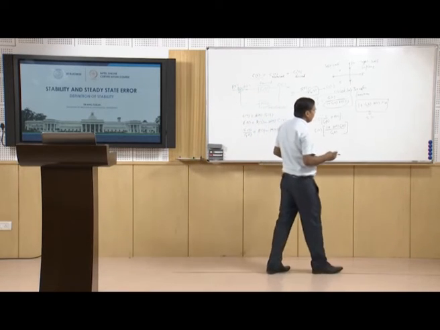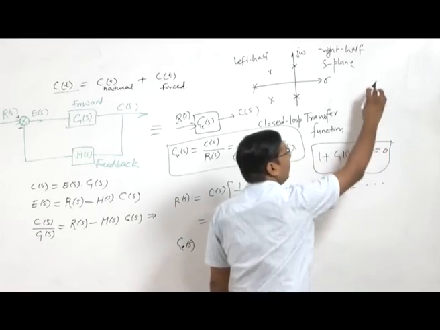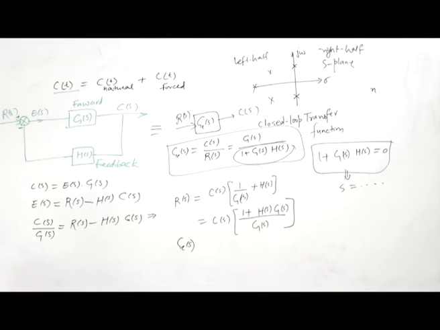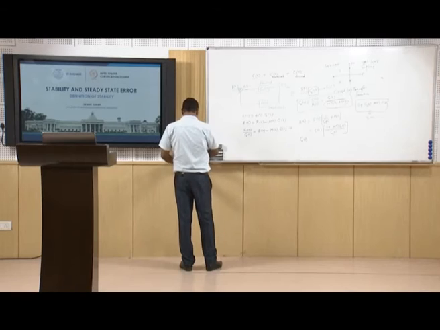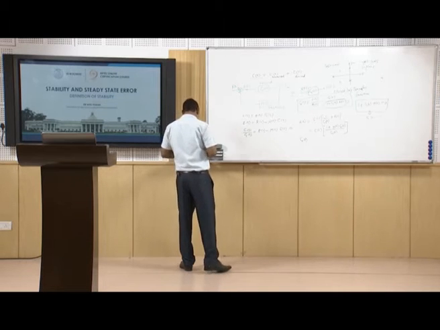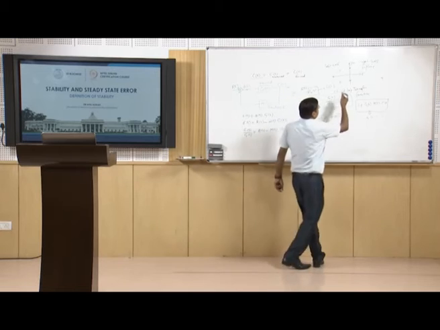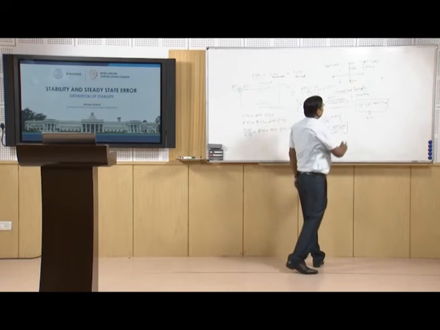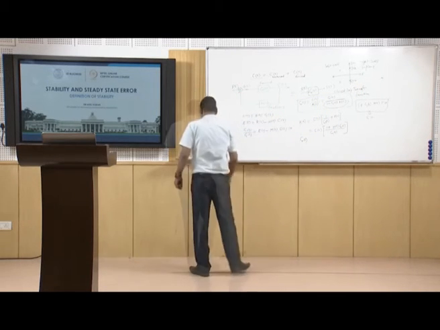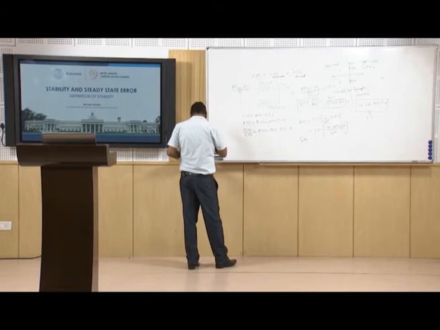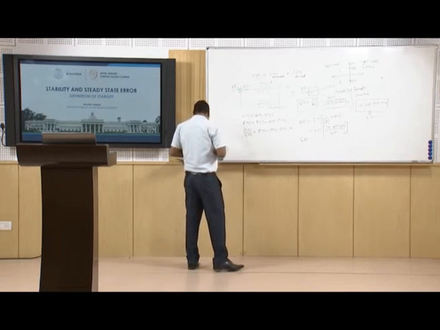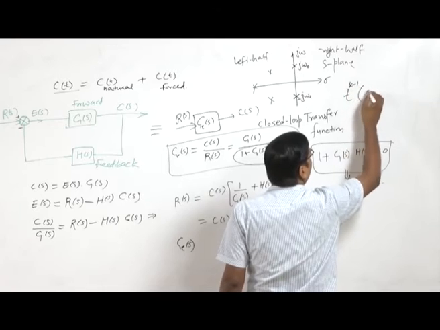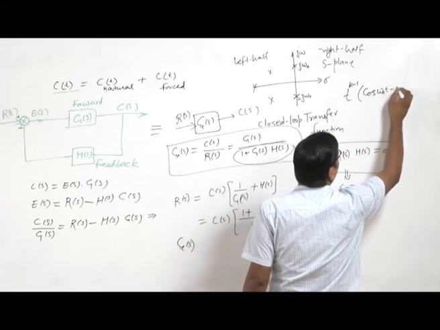Because these poles will be in pairs, if we have j omega 0 and minus j omega 0 on the imaginary axis, the response will be t to the power k minus 1 times cos omega 0 t minus phi.